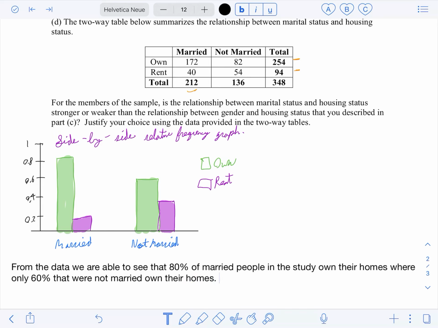I'm trying to say it without the awkward wording. So 80% own their own homes, but only 60% of those not married own their own homes. That is a big difference.